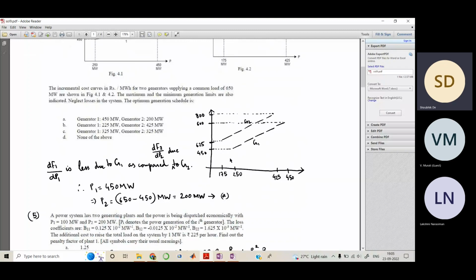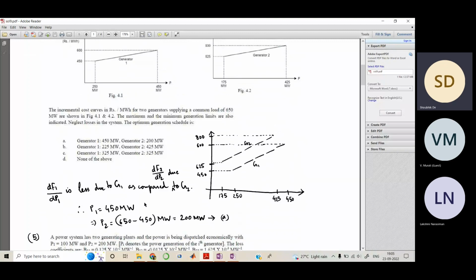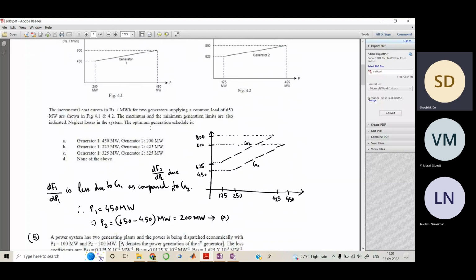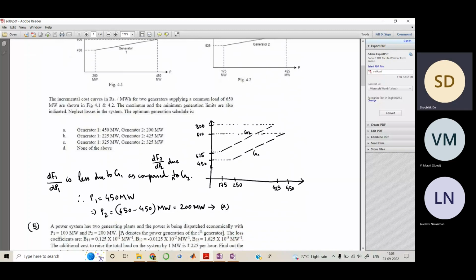Therefore, considering these two, we have to consider P1 to be the upper limit of generator 1, because it is from 250 to 450. Since the incremental cost of G1 is less than that of G2, P1 would be 450.